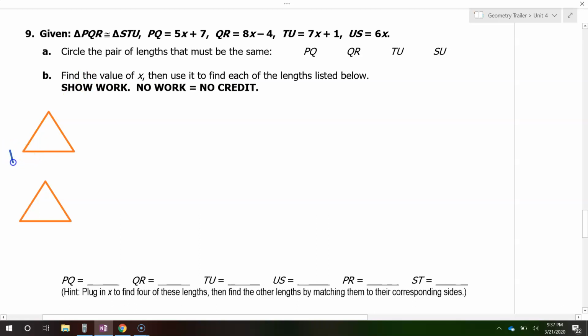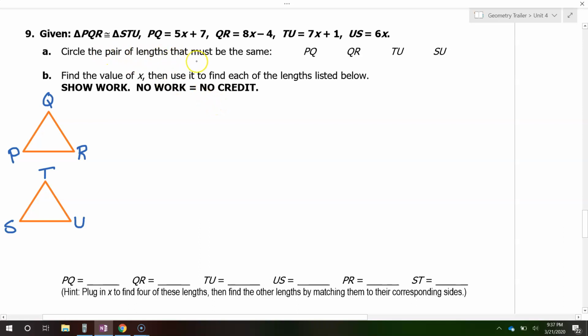So this is triangle PQR. I'm going to label them the same way. So triangle STU. I've drawn the triangles rotated the same way so that the corresponding sides and angles all line up perfectly. That will just help us solve the problem more easily.